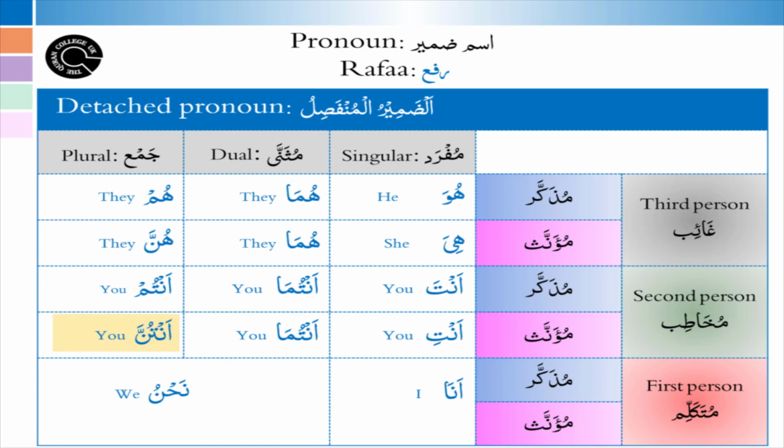The first person pronouns are the same for both masculine and feminine, and they are ana, nahnu. These pronouns are used a lot in the Quran. If you memorize all of them along with their meaning, then it will be very easy for you to read the Quran.